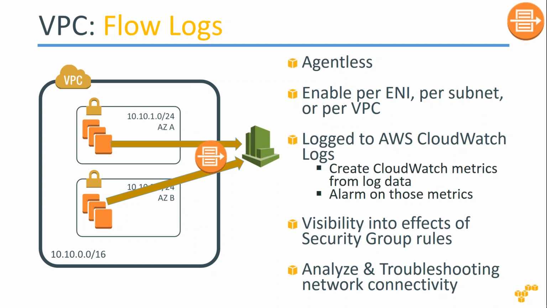You don't have to install and configure an agent at the VPC level, because you can capture logs at an interface level, or at a VPC level, or at a subnet level also. So there are multiple levels of granularity at which you can capture your VPC flow logs.